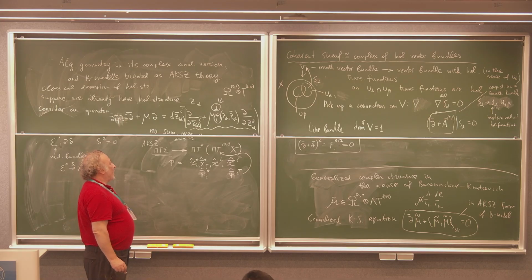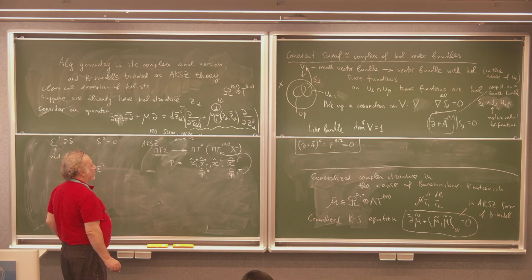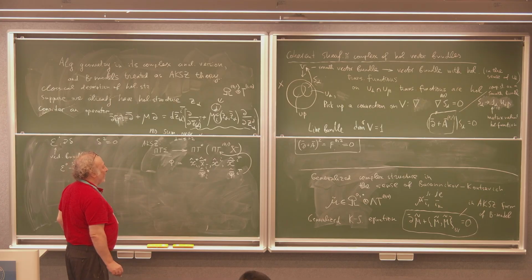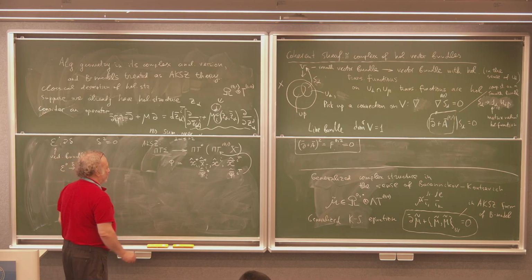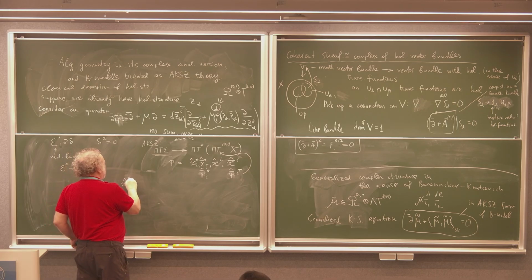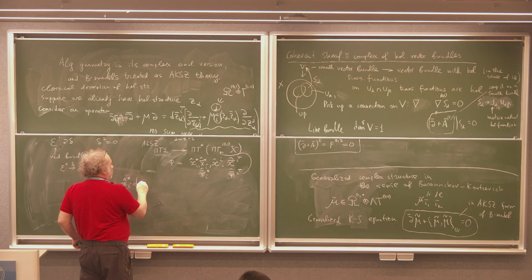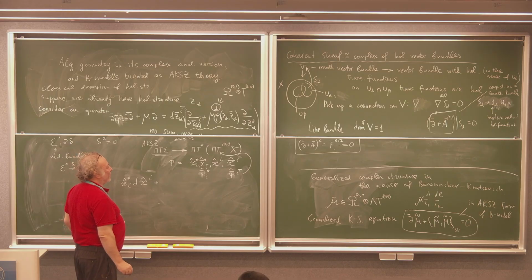Okay, and now my goal is to write down the AKSZ action. And surprisingly, the AKSZ action is relatively simple. Here I use holomorphic indices only.